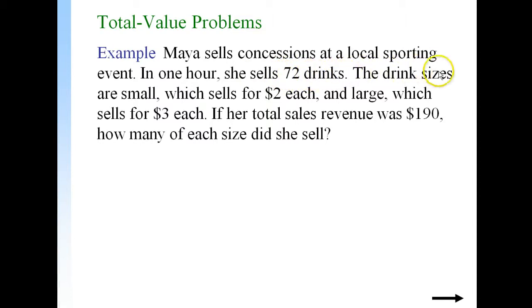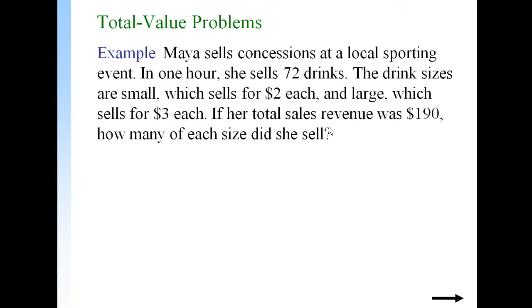The drink sizes are small, which she sells for $2 each, and large, which she sells for $3 each. If her total sales revenue was $190, how many of each size did she sell?